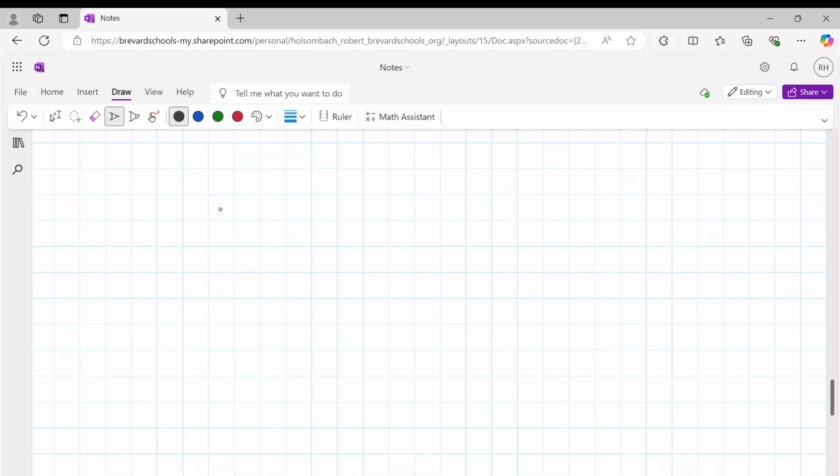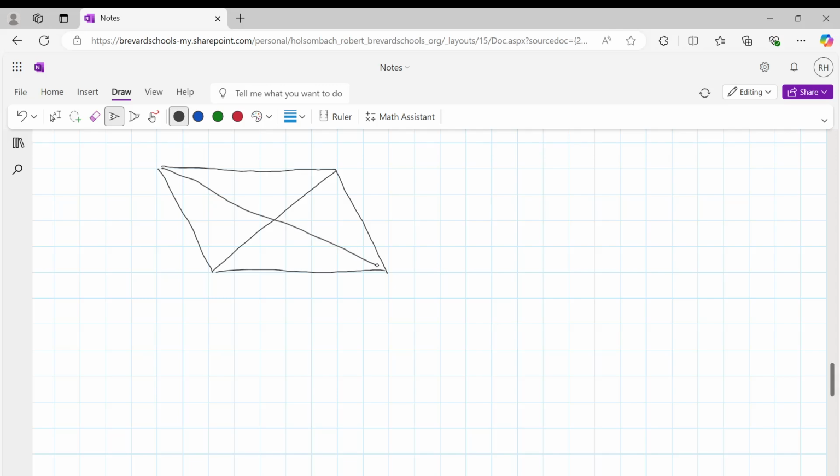So if you're given this diagram again, and you're told that the shape is a parallelogram, find the value of each variable in the given parallelogram. If this is 3x minus 4, and x plus 7.